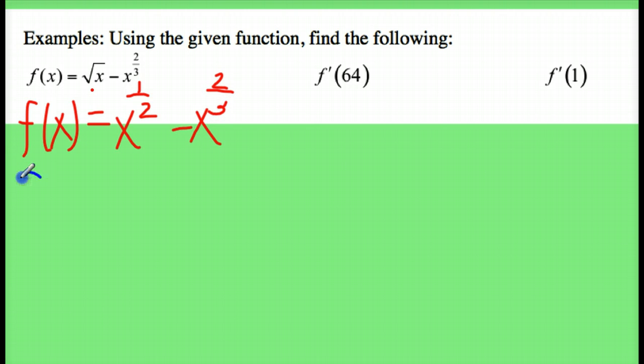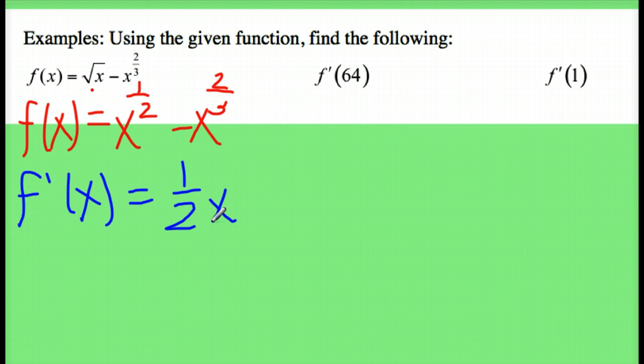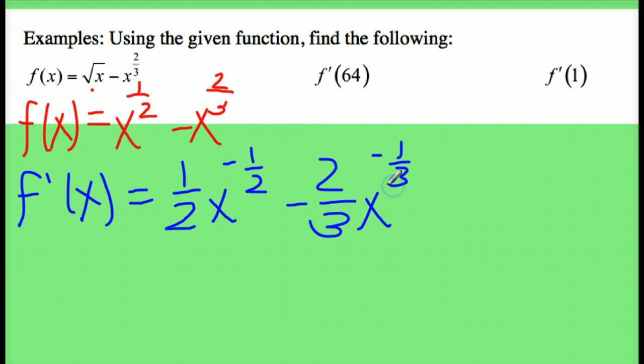So I'm going to do f prime of x is equal to 1/2 x to the 1/2 minus 1, which is negative 1/2, minus 2/3 x to the 2/3 minus 1, which is negative 1/3. Now once again I'm going to take my exponents and move them to my denominators, and then change them to their roots.